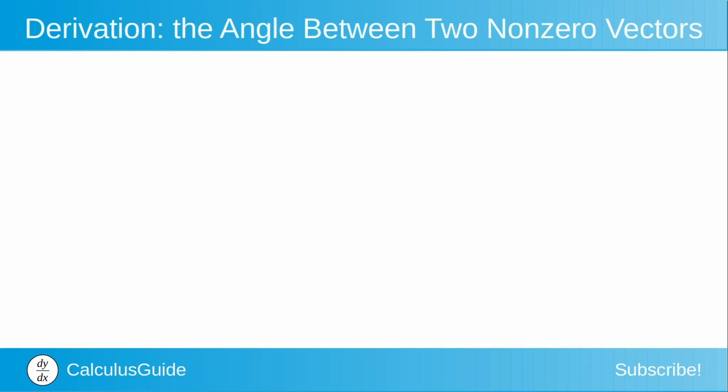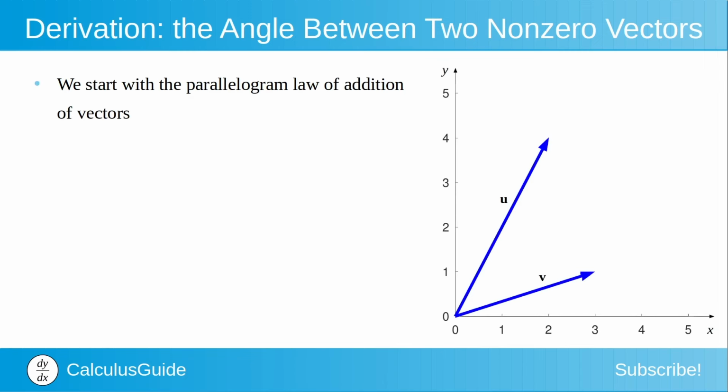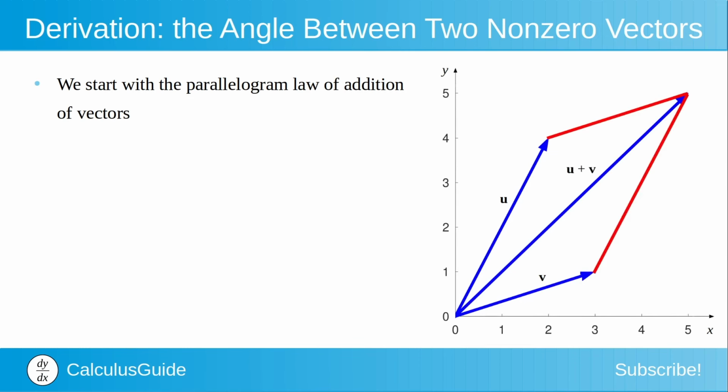I'll end this video by deriving the equation for the angle between two non-zero vectors. We start with the parallelogram law of addition of vectors. For two vectors u and v in standard position with initial points at the origin, the resultant vector u plus v is the diagonal of the parallelogram, which can be created from the vector u and the vector v, with the vector u plus v's initial point also being the origin.